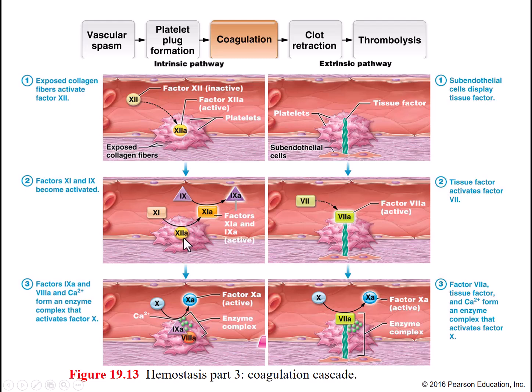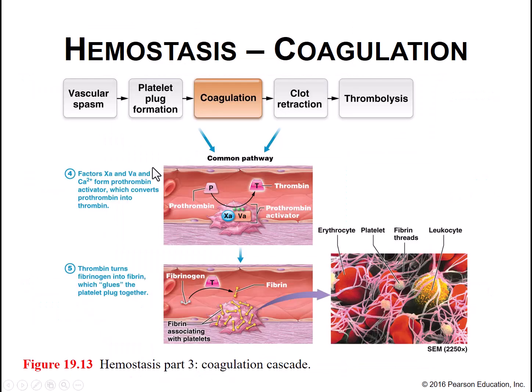And starts a cascade from 9 to 11, and then 5 to activated 5A, joins with 11A. 11A activates 10 to 10A, and then forms with 8, and here 10A, activated by the tissue factor with 7A. And so this is just a whole cascade leading to that common pathway.